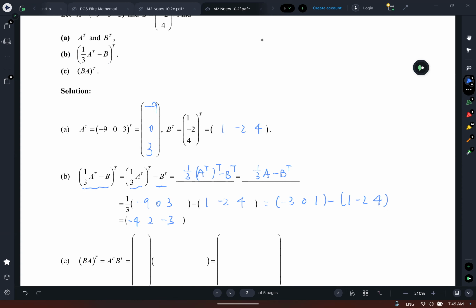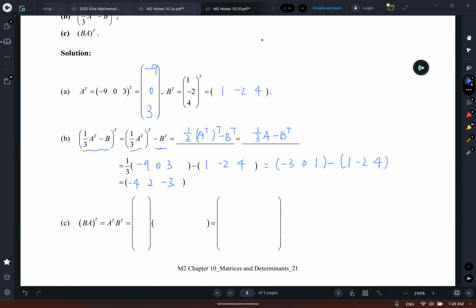Last one, (AB) transpose. We can use this formula. Of course, you can skip it, but we can use this formula. That is B transpose times A transpose, which we already know. Okay, and then we do the multiplication instead of doing the multiplication first and then doing the transpose.